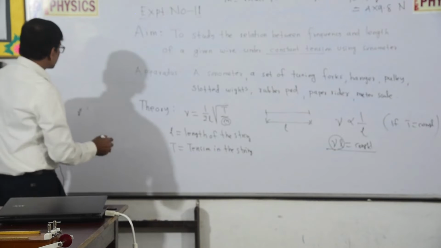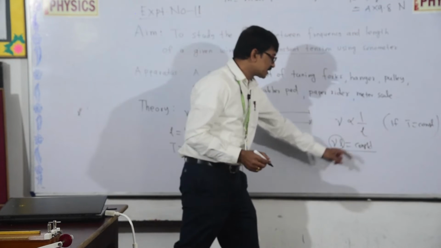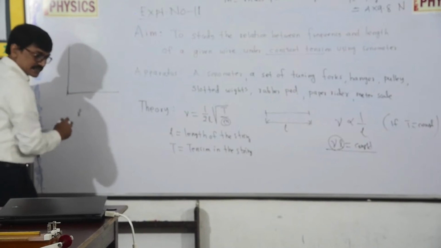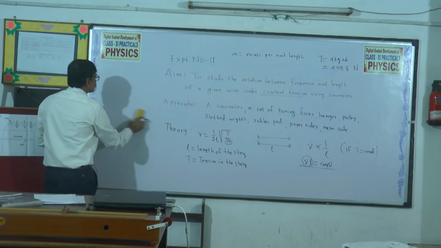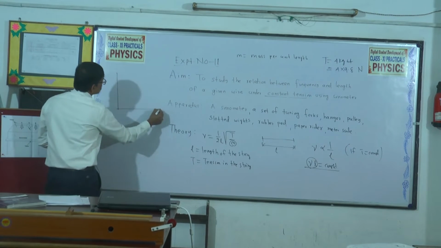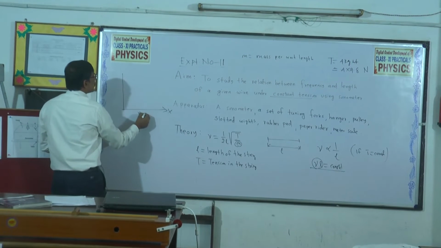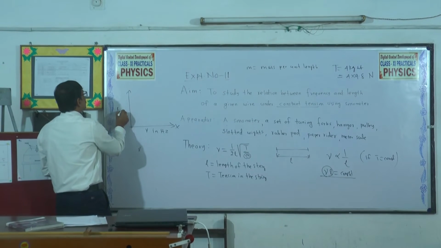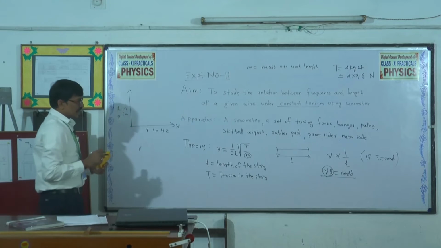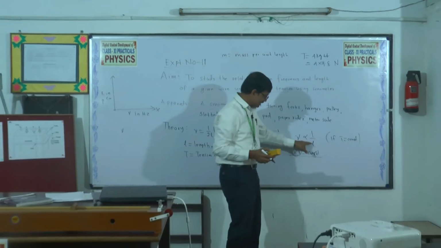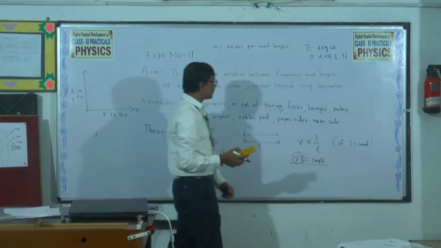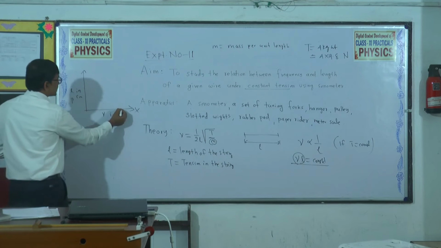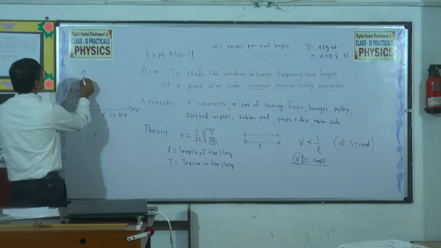As frequency is inversely proportional to length, we can draw the graph of frequency versus length. We can take frequency ν in hertz along the x-axis and length L in centimeter along the y-axis. For the lowest frequency, the length is the highest.